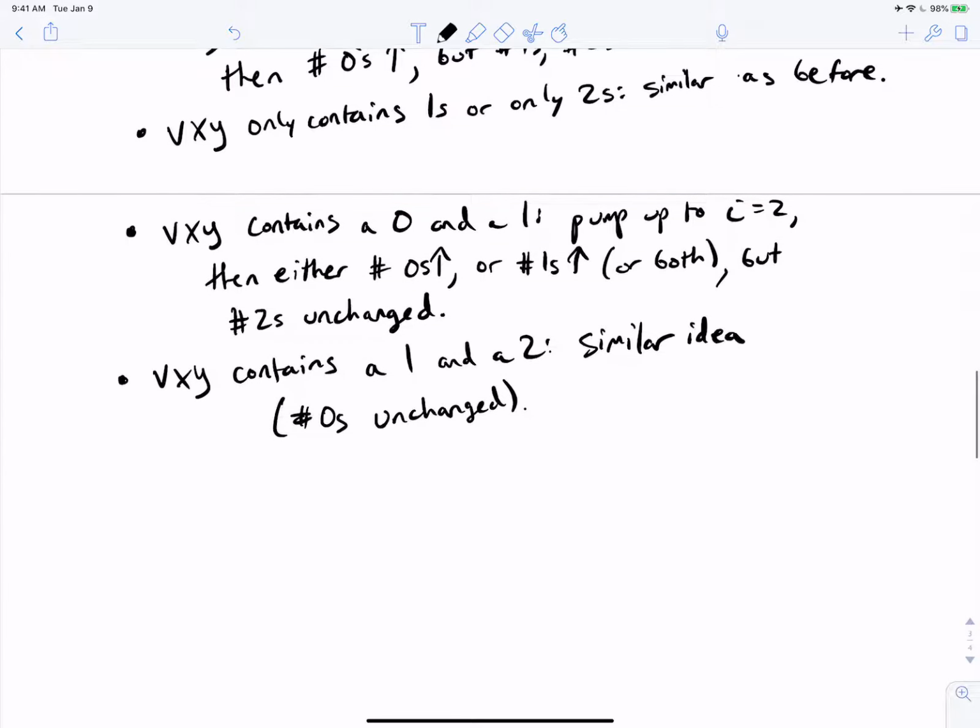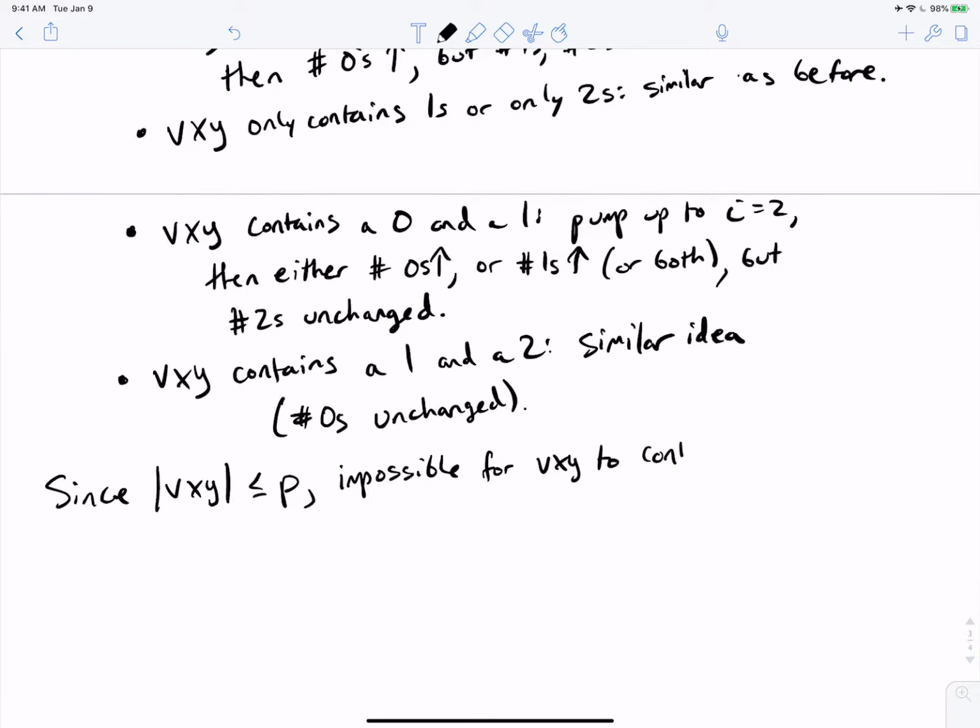Exactly. So since VXY's length is at most p, it's impossible for VXY to contain 0, 1, and 2.